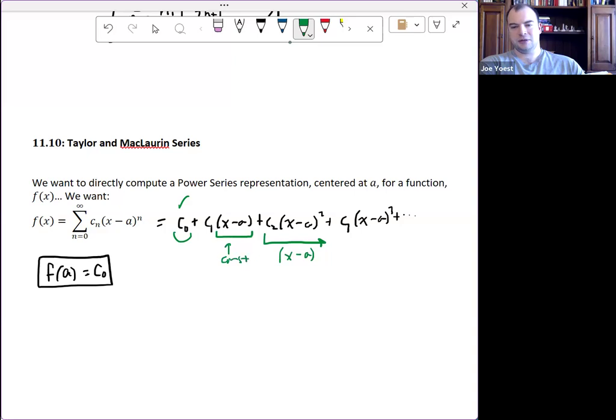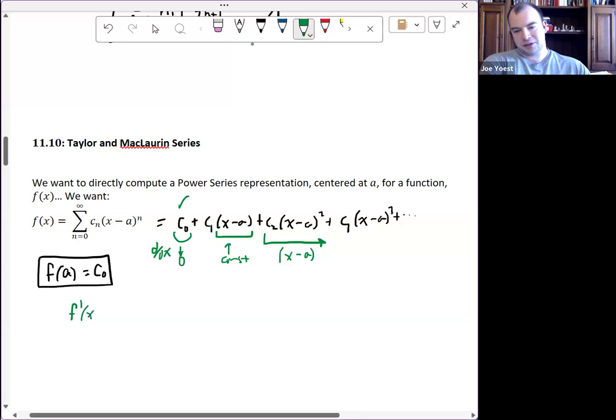This is constant, and this goes to 0 when I differentiate with respect to x. So I get what almost looks, loosely speaking, like the same structure, a constant plus a bunch of stuff with x minus a, except that everything is shifted down. I got rid of the first one in the line and shifted everything down one.